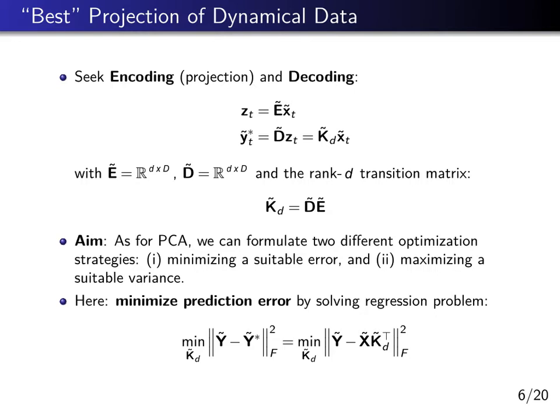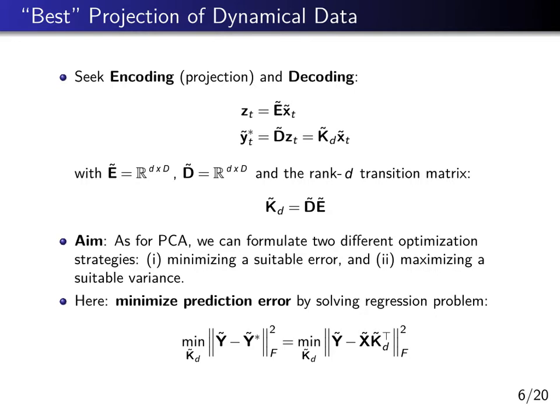It has as many dimensions as the input X. And for each of these capital D dimensions, you can view this as a one-dimensional regression problem from all the inputs X to this one dimension of Y. And then if you just repeat this capital D times, you can write this as one multi-target regression problem in this matrix form, where we minimize the regression error of Y tilde and X tilde K tilde.